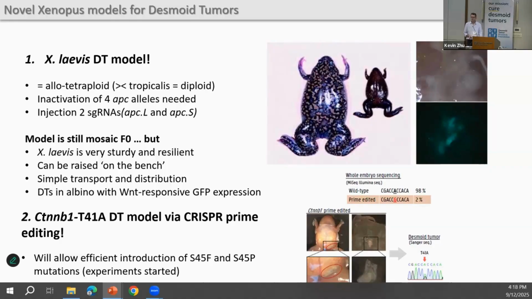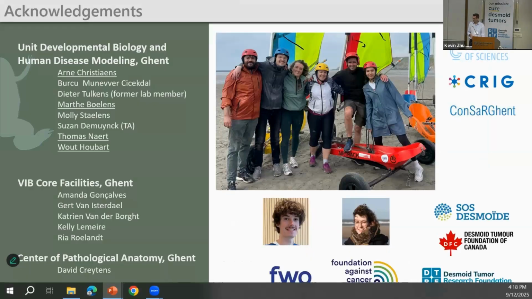And the same approach should be possible to use to also have the S45F and the S45Y mutations introduced in the animal. And with this, I thank the DTRF, the Desmoid Tumor Foundation of Canada, and all other sponsors. And I'm happy to take questions.